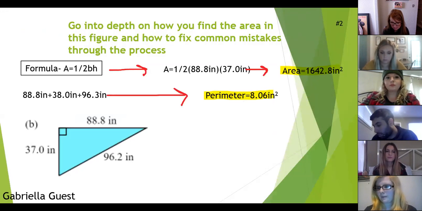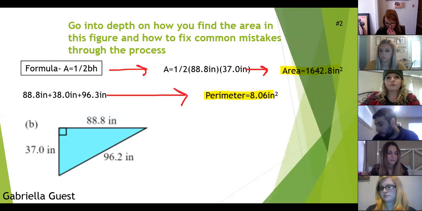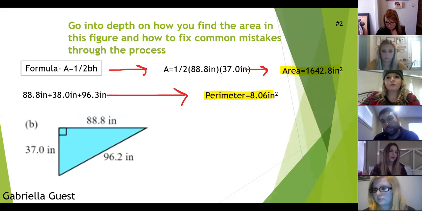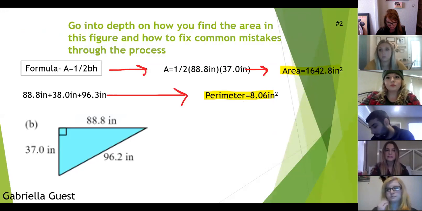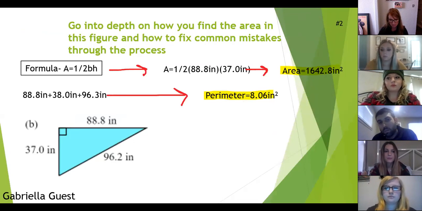All right, Gabriella, go into depth on how you find the area of this figure and how to fix common mistakes through the process. Okay, so area is also pretty simple. You just have to plug your formula and your numbers into it. The formula to find the area of this figure would be 1/2 base times height.